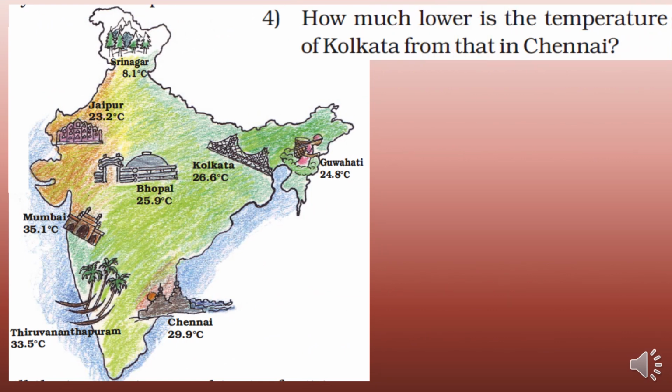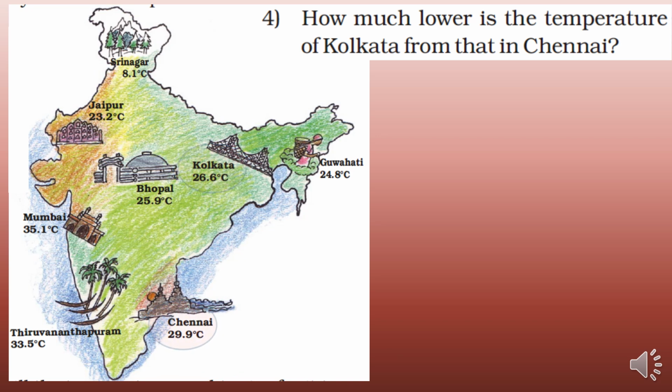How much lower is the temperature of Kolkata from that in Chennai? So here is the temperature of Kolkata and here is the temperature of Chennai. You can see that the temperature of Kolkata is 26.6 degrees Celsius and Chennai is 29.9 degrees Celsius.